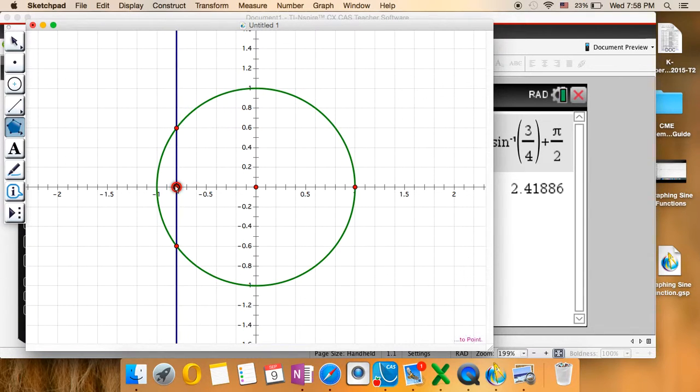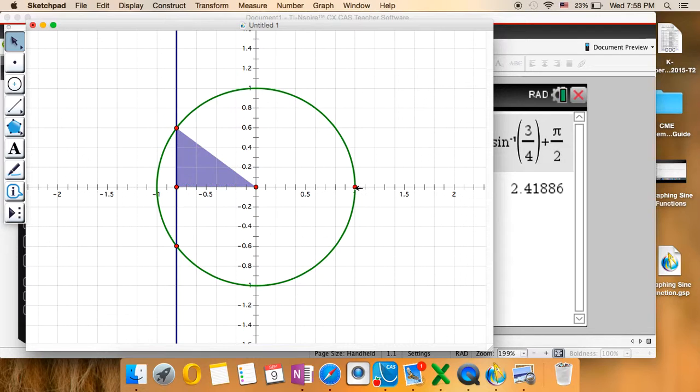However, we have another solution. So if we draw a triangle like this, then what kind of triangle is this? In other words, from here all the way to the first point, the arc length or radian is 2.4188.